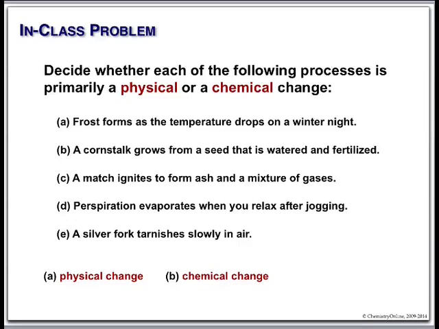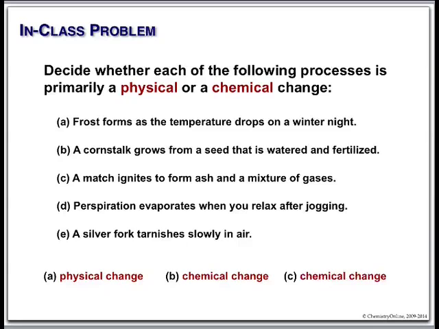You sweat, therefore you are. And then eventually you dry off. That's just water evaporating off, a simple physical process. And now nobody knows this anymore because nobody uses silver forks. But if you have real silver and just leave it out somewhere, it tarnishes. Maybe you have jewelry that does that.